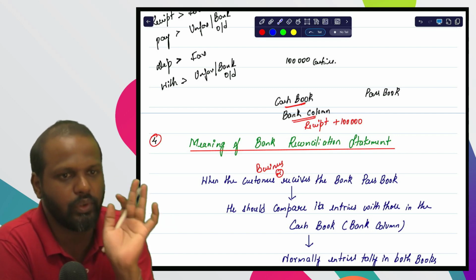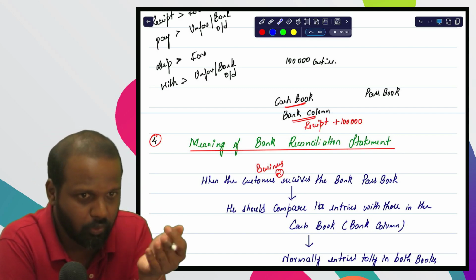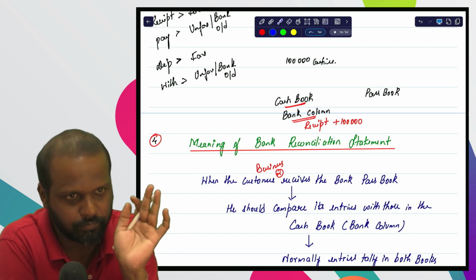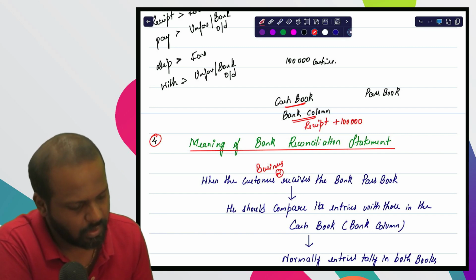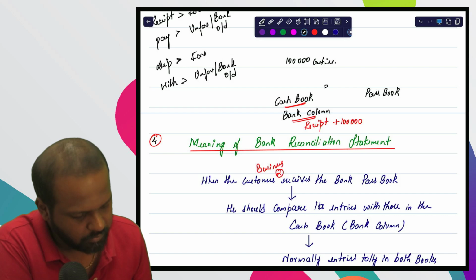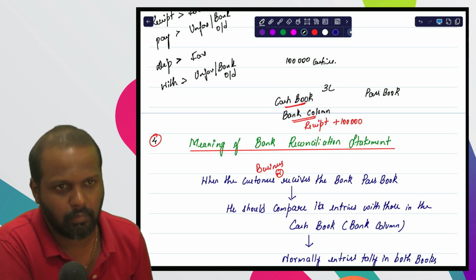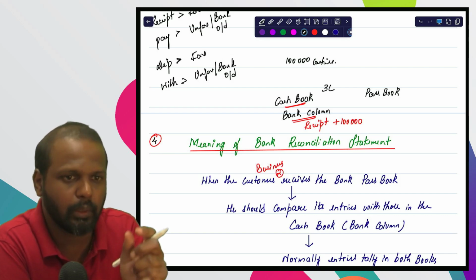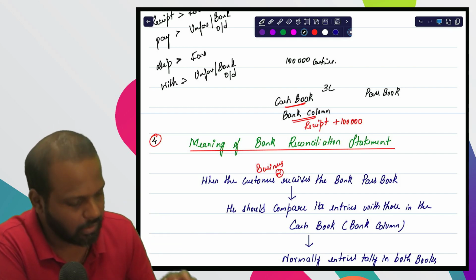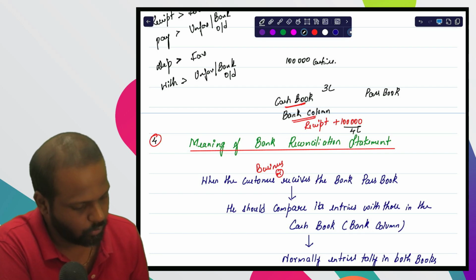When the bank balance decreases, we do minus. Let us say in your cash book, 3 lakh rupees was already available as the bank balance. 3 lakh plus 1 lakh, so the bank balance is going to become 4 lakh.